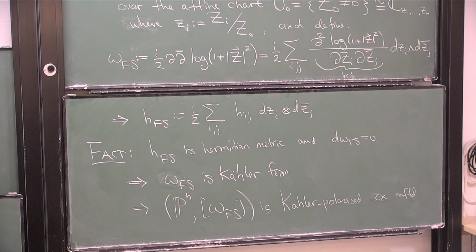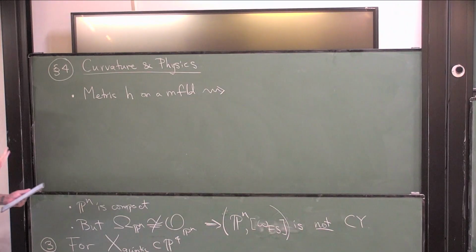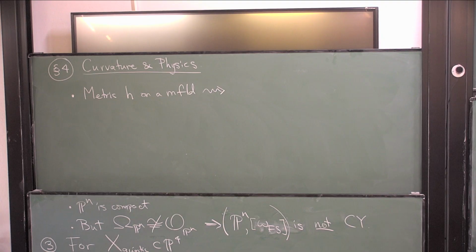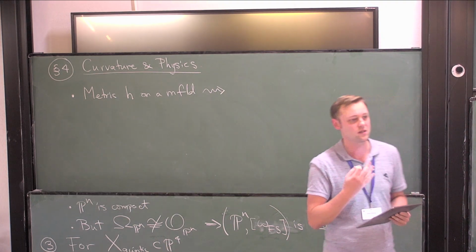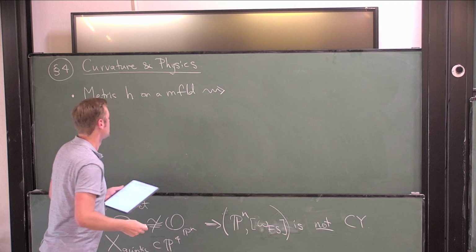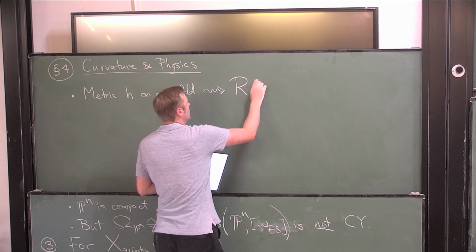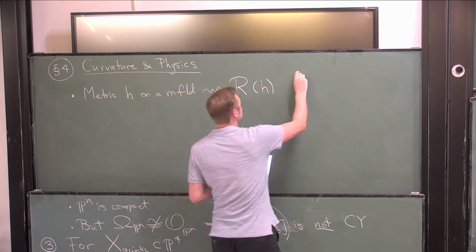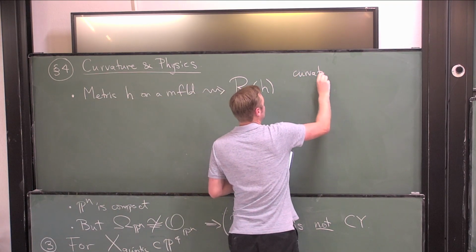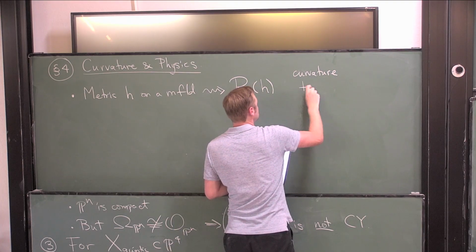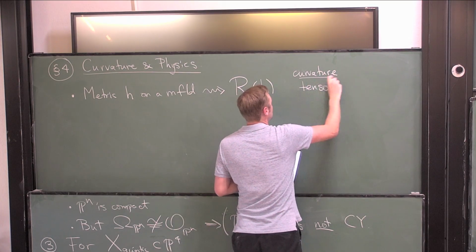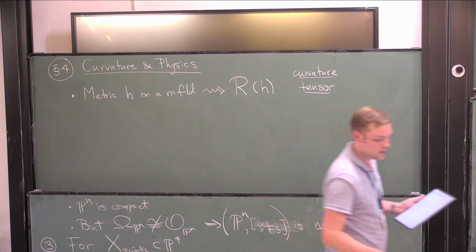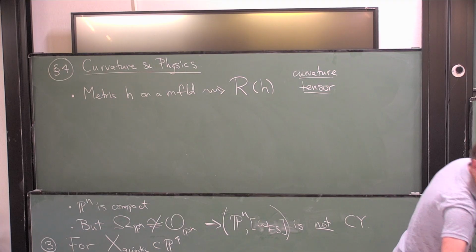The quantity that measures this dependence or independence on the precise path you take to get from one point to another is called curvature, often denoted by R of h. This is called a curvature tensor. Again, I won't get into any of the details, just give you a brief overview of how these things fit together.